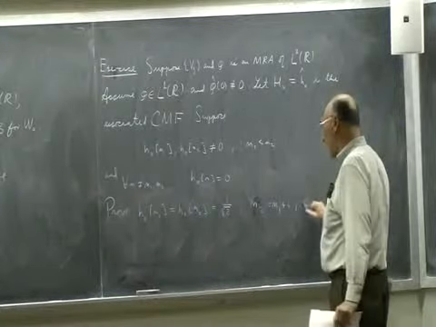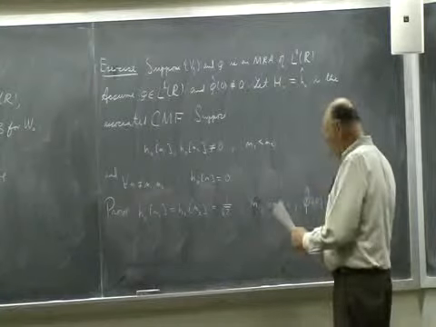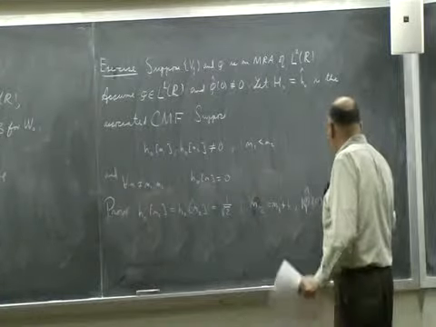And phi hat of 0 in absolute value is equal to 1.